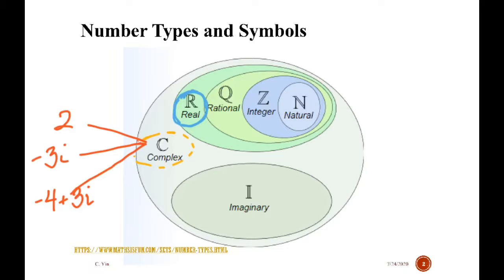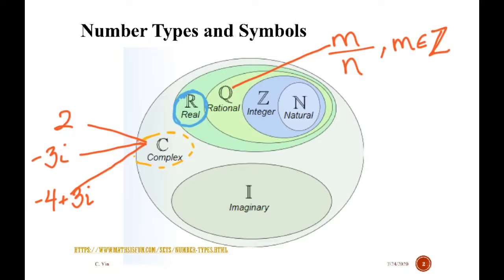Now, the set of rational numbers are those that we can write as a fraction. It may not necessarily be listed as a fraction as it appears in the beginning, but you can write the number as m over n, where m and n are integers. We'll talk about what integers are in just a minute, but the way we would write this is we would say it's a number of the form m over n, and m is an integer.